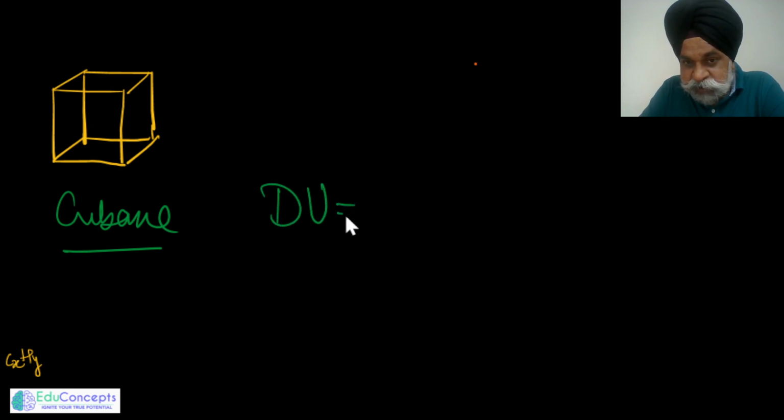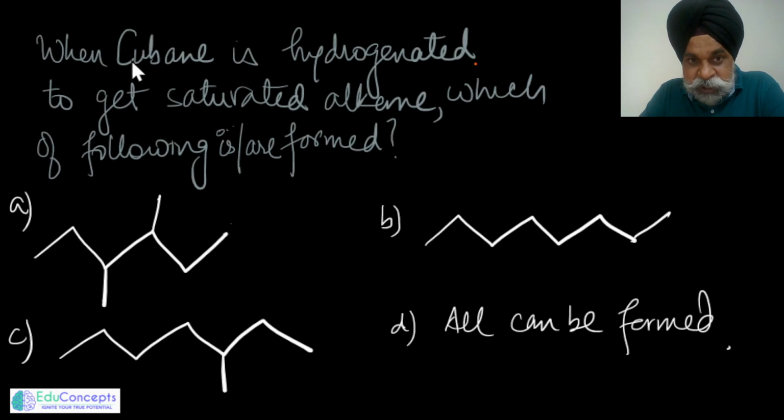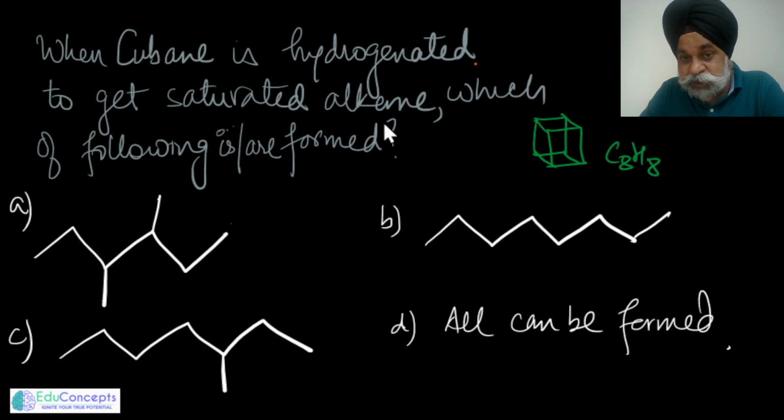You have to find the degree of unsaturation for cubane, and you also have to tell me that when cubane, which is C8H8, is hydrogenated to make a saturated alkane, which of the following is formed? This discussion I will do next time.